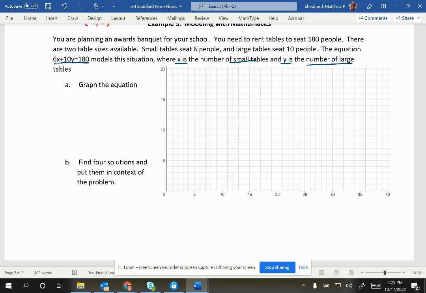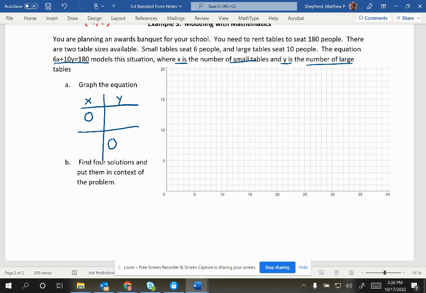Now they want us to graph this situation, so let's go ahead and I'm going to do this with quick work. I'm just going to do a single table, and I want to know when x is a 0 and when y is a 0. In this way, I can find my y-intercept up here, my x-intercept down here.